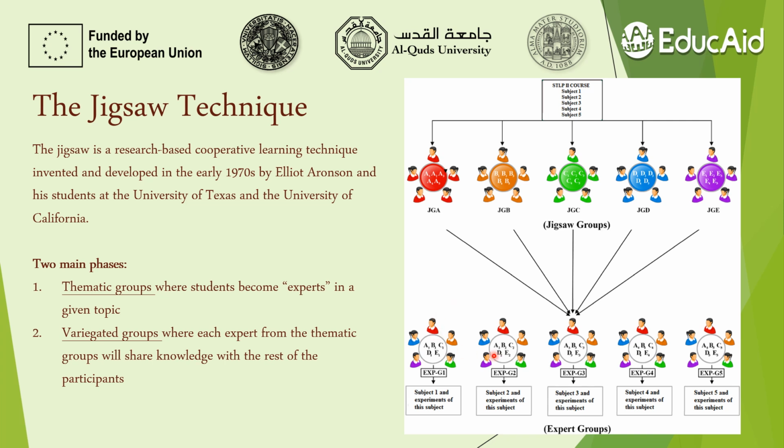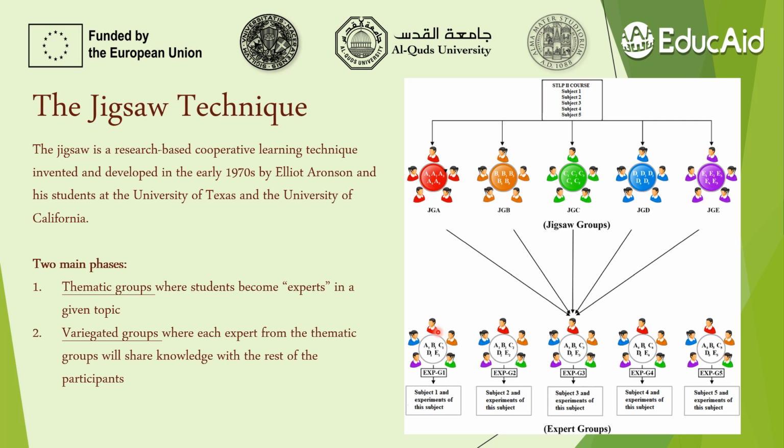In the second phase, in each group sits a person with a different color. It means that at each table, you can find people who are experts in different fields. The goal of this second phase is to put together the pieces of the jigsaw. And this is why the name of the technique.